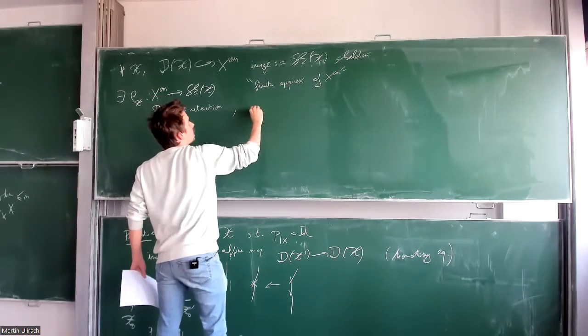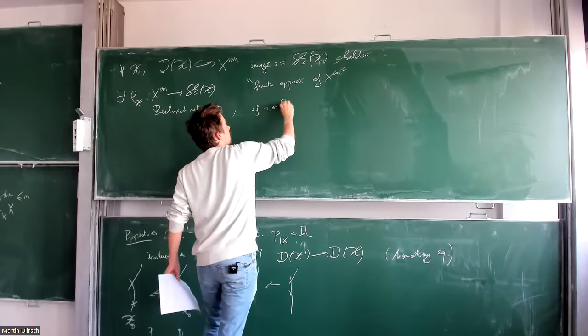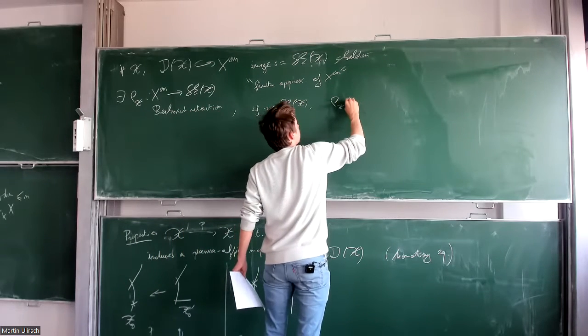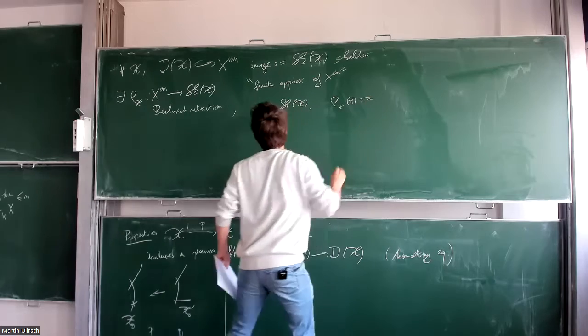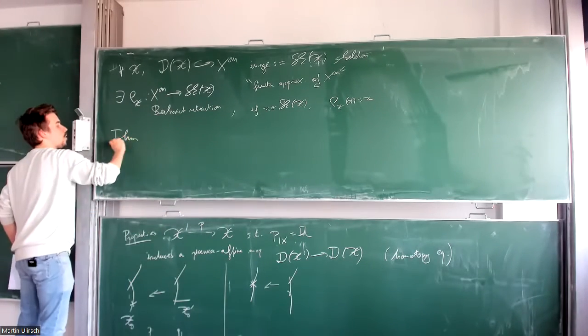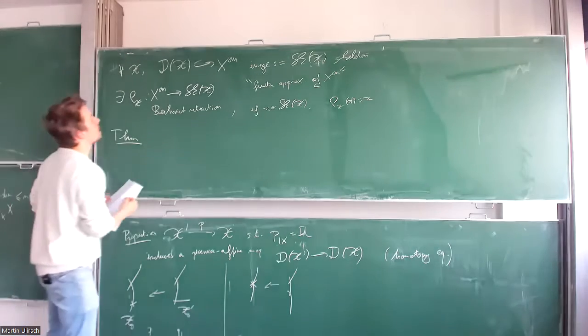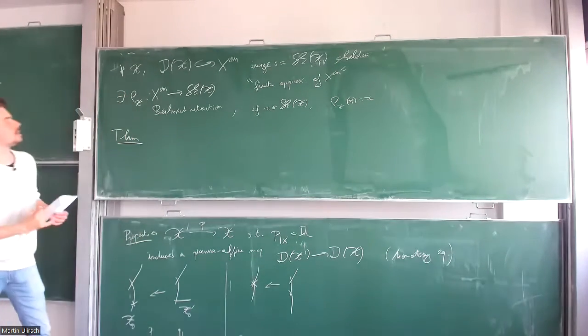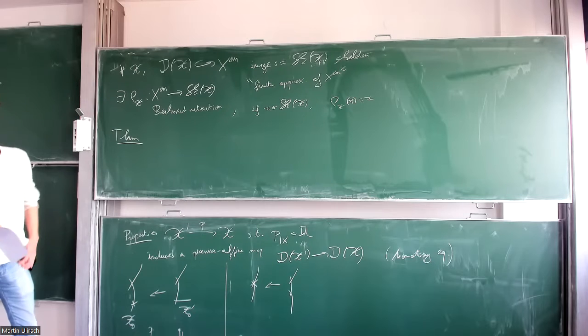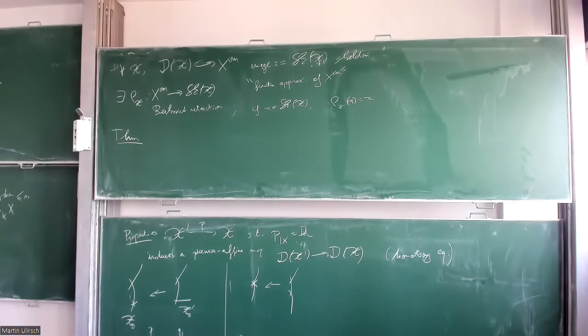That is, if x is inside the skeleton, then rho curly X of x is equal to x. And so what we get is the following theorem. Maybe I won't have time to explain, but I can explain very briefly.